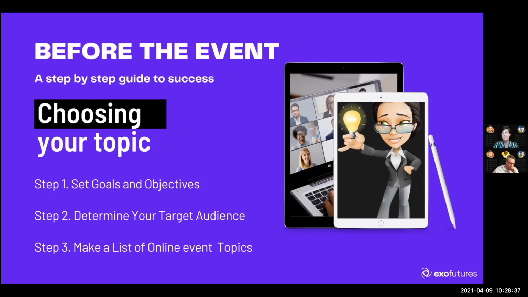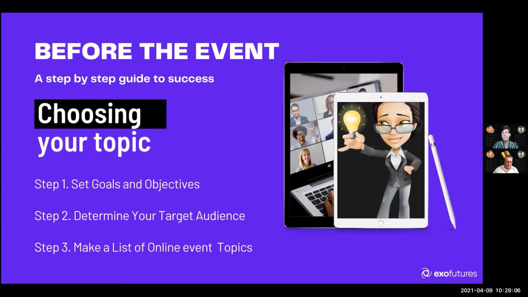Also, then focus on bringing value to your attendees. Remember, they come to your event to learn. So whatever your topic is going to be, it must add value to your target audience. Then also, look up search query statistics. I love using Google Analytics, AdWords, etc., to look at the trends of what's being searched for in line with the objectives that I would like to achieve for my target audience.